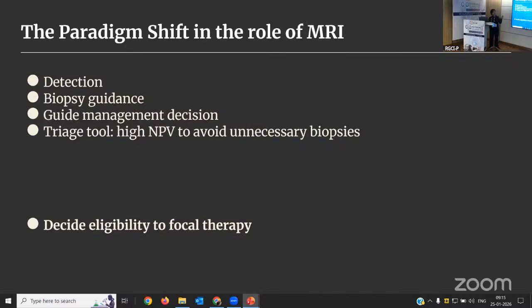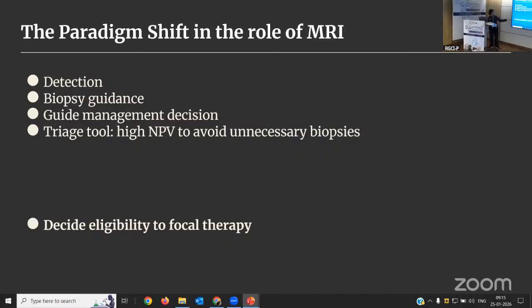And MR is pretty good at lesion detection, deciding whether to do a biopsy or not, guiding biopsy, and also helping the treating team in deciding the next step. So this is traditionally the role of MRI, and MRI is doing fantastically well in this aspect. Now, because MR has become such an important part of prostate cancer management, and the scan quality has become so good, we are being asked more questions.